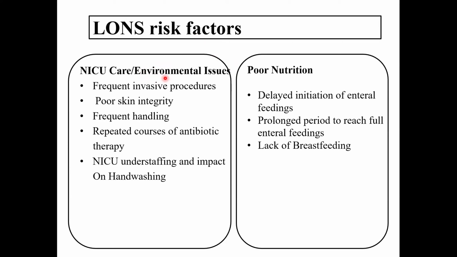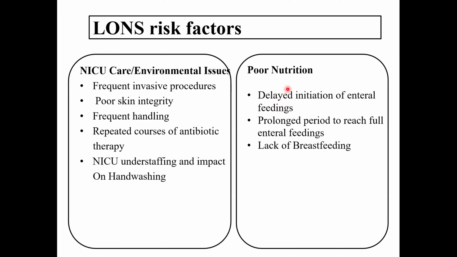So most often late onset sepsis risk factors are frequent invasive procedures, poor skin integrity, frequent handling, repeated courses of antibiotic therapy, NICU understaffing, and lack of hand hygiene adherence, right? And also poor nutrition, like delayed initiation of enteral feeding, a long period to reach full enteral feeding, and lack of breast milk feeding, right?